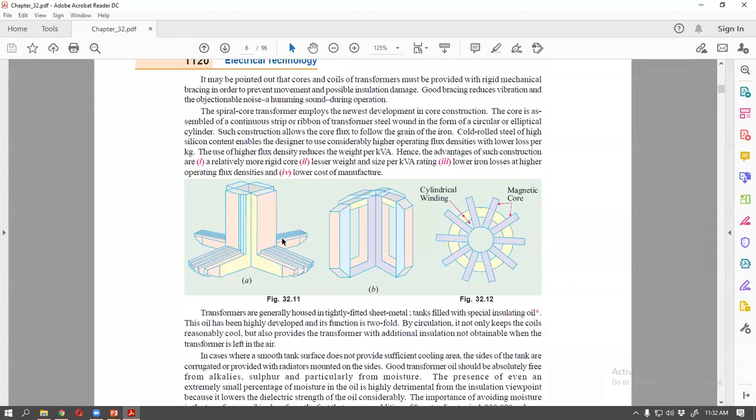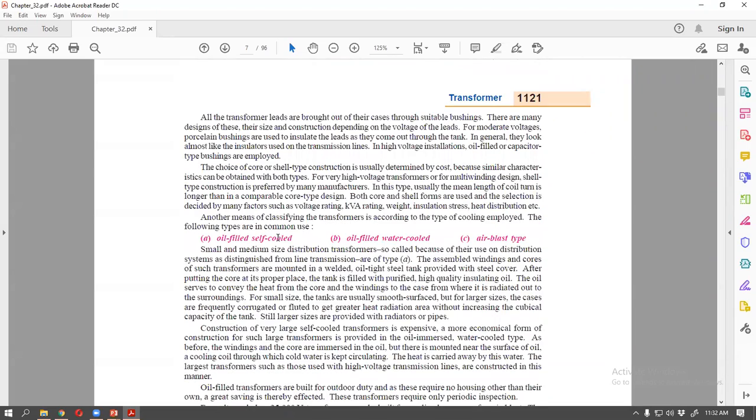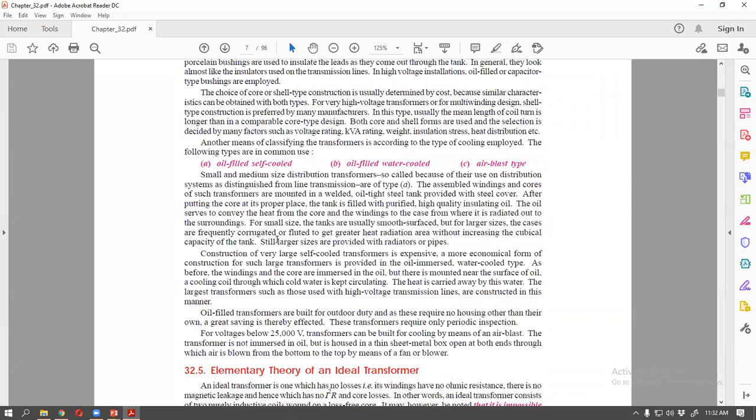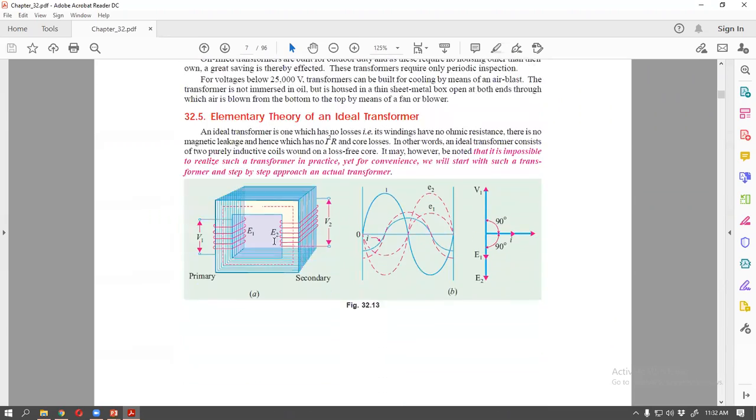Okay, so there is a transformer. An ideal transformer must have primary and secondary power almost the same, but practically a transformer has some losses.